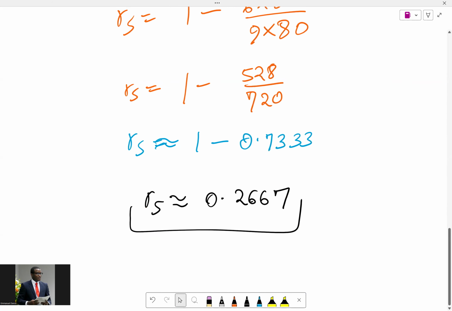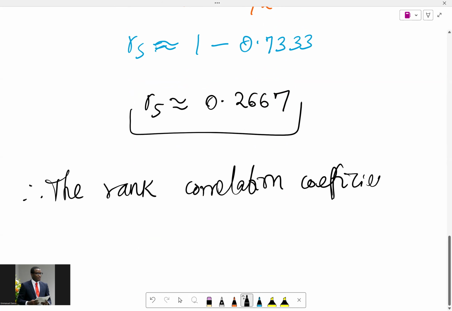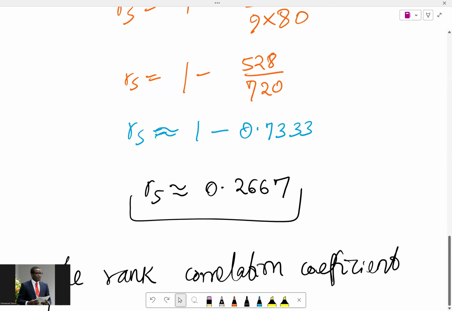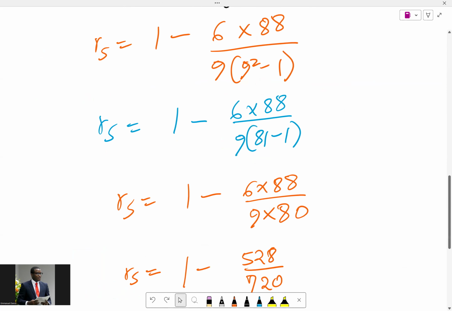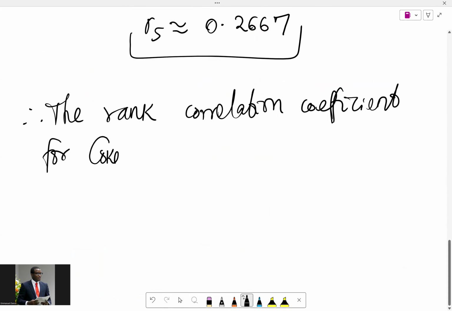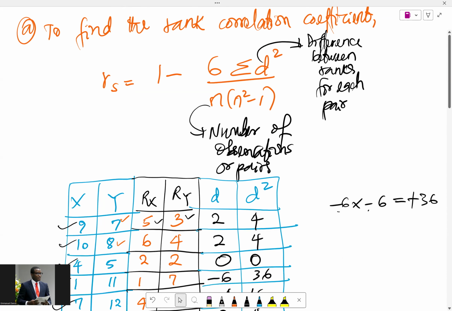We can say therefore that the rank correlation coefficient for Coke and Fanta, I believe, because we're given Coke and Fanta, Coke is X and Fanta is Y most likely, it's about preference.